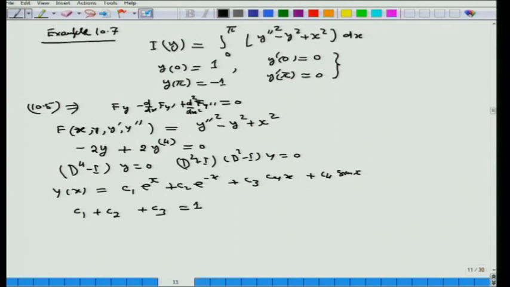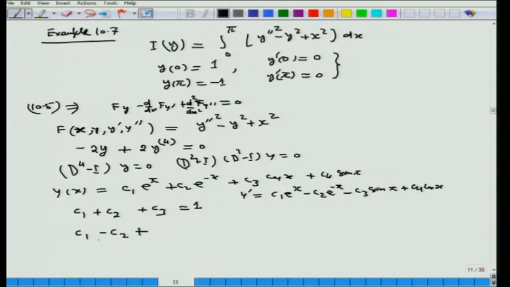Then y prime 0. So, let us write y prime here. y prime is c 1 e to the power x minus c 2 e to the power minus x minus c 3 sin x plus c 4 cos x.